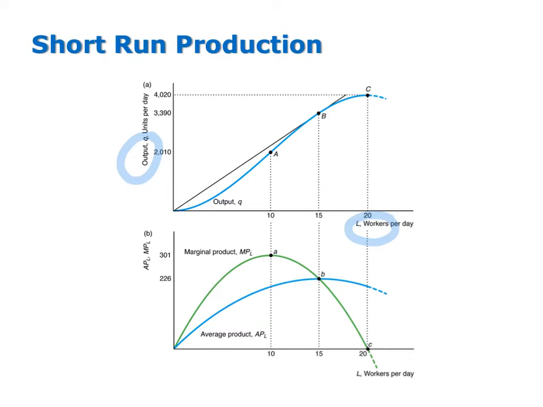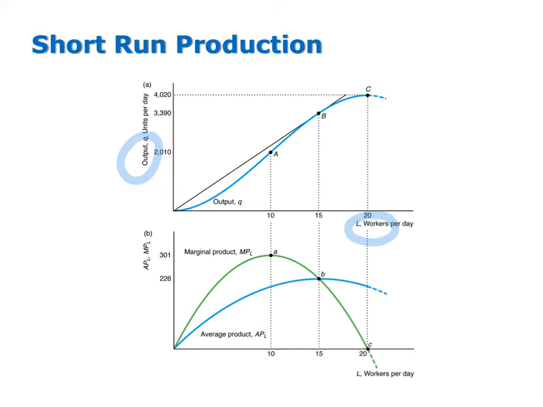Why might that be? Well, typically the reason given is division and specialization of labor. Initially, when the firm only has one worker, that worker has to do every task needed in the production of the good. As the firm starts adding more and more workers, workers are able to divide up those tasks, and through the division of their labor, they can specialize in one or a few tasks.